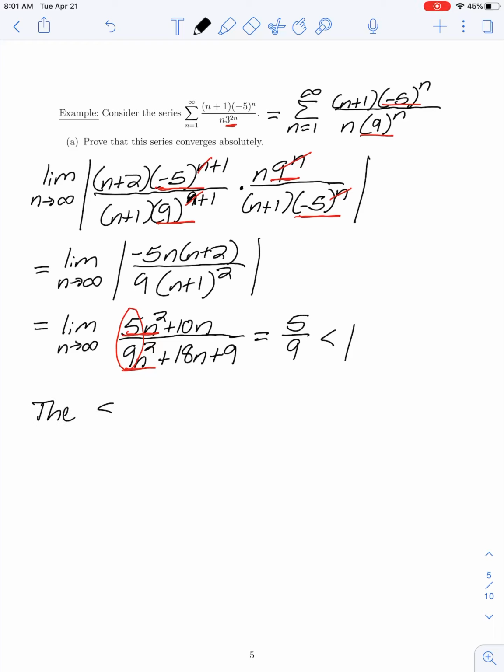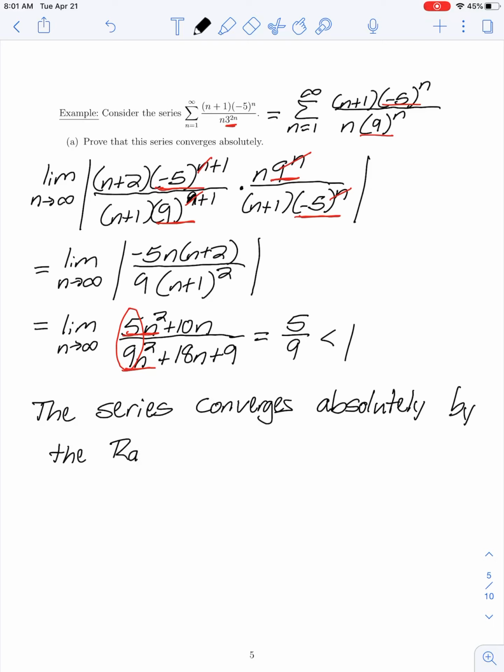So here, for part A, we are guaranteed this series converges absolutely by the ratio test. So that's what we wanted to prove in part A. So we know that this series is converging.